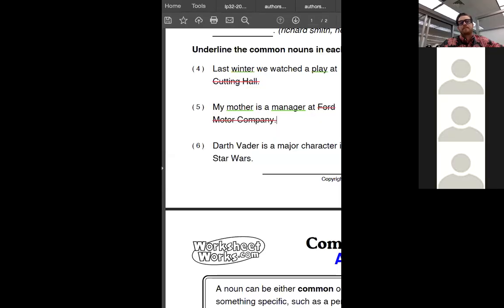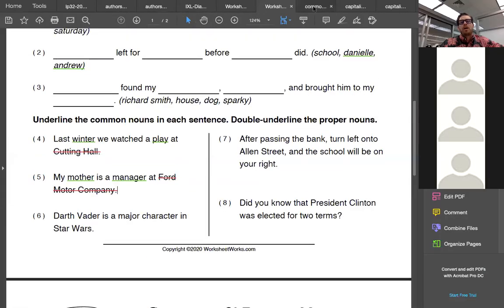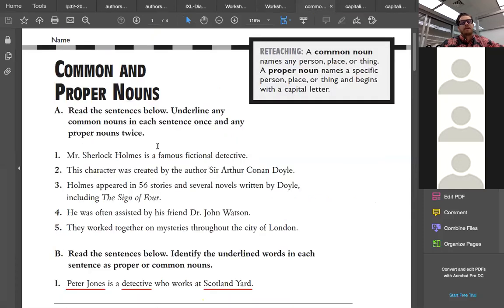So now, and I think a good transition is to look at how do we know when to capitalize? What are the capitalization rules? Okay, so I have a couple of things for you. First off, I want to show you this. This is common and proper nouns.